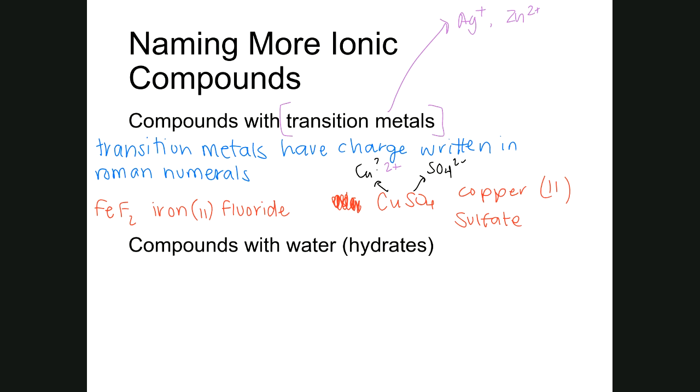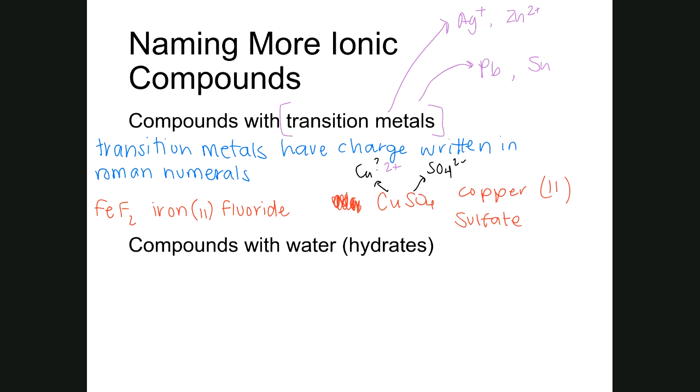We also have elements that are not transition metals but act as transition metals, and those are lead and tin. If you look up lead and tin on the periodic table, you'll see that they are not part of the transition metal section, but they can have multiple different charges.